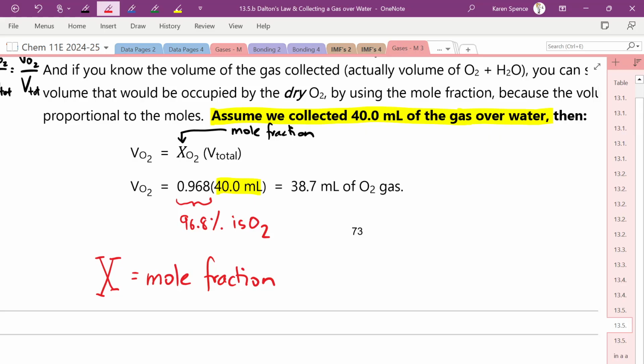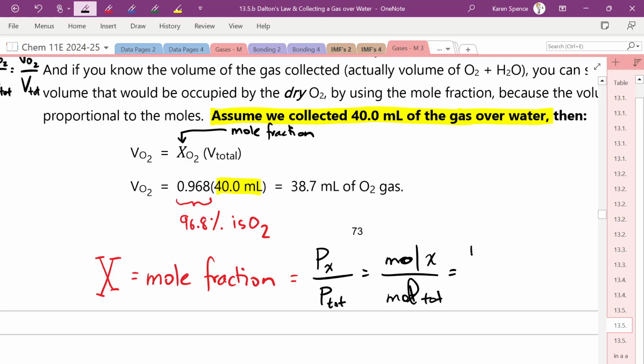Okay, that's mole fraction, and you can find it by doing the pressure of X over the pressure total, or the moles of X over the moles total, or the volume of X over the volume total. It's just a handy thing to be able to work with.